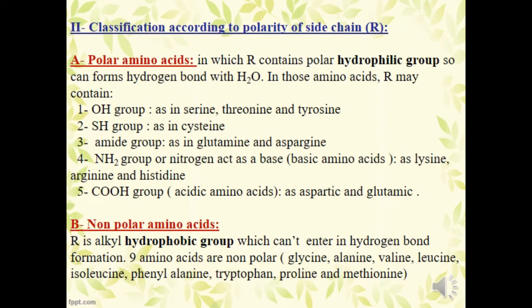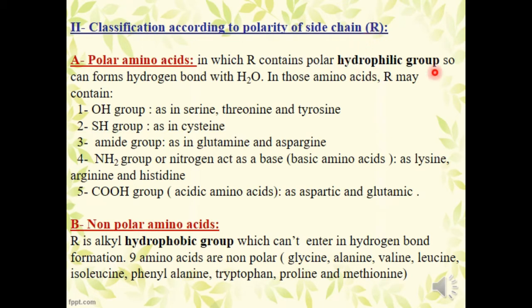Next, we move on to the second type of classification of amino acids based on their intermolecular or intramolecular interaction. So it's either polar or non-polar. Polar amino acids are those in which the R side chain is a hydrophilic group, so they can form hydrogen bonds with water.